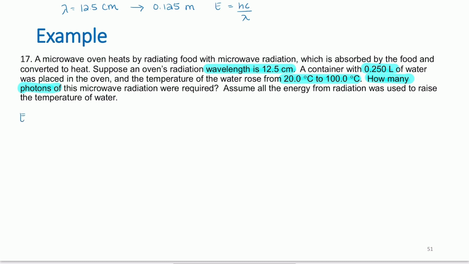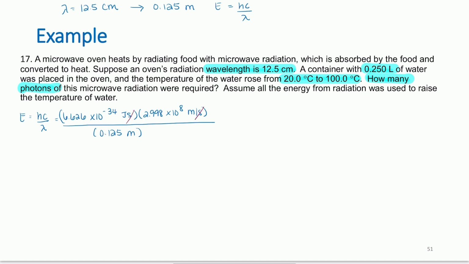So let's go ahead and calculate that. E equals hc over lambda. h, Planck's constant, 6.626 times 10 to the minus 34 joule seconds. Speed of light, 2.998 times 10 to the 8th meters per second. And lambda, 0.125 meters.